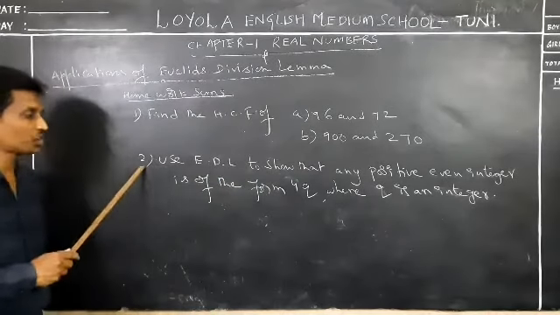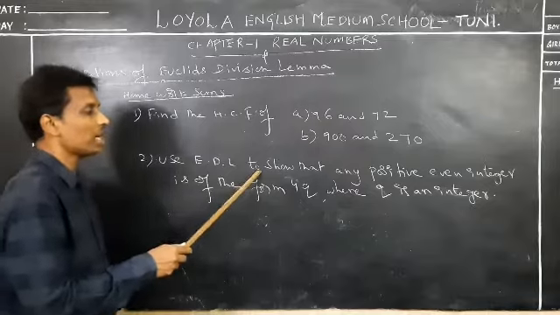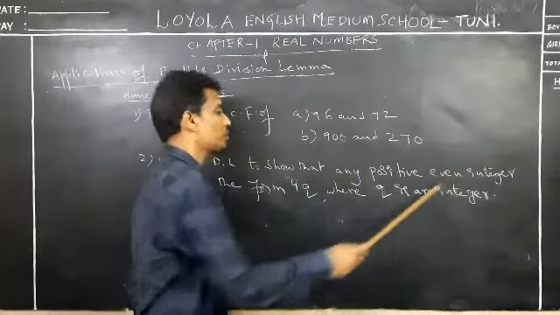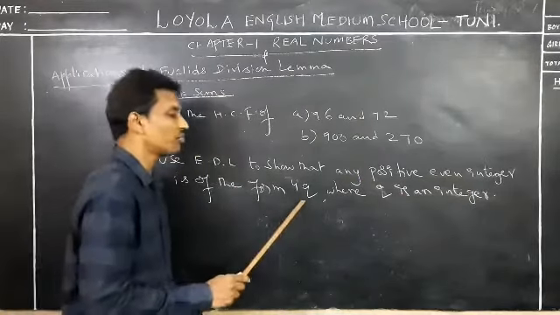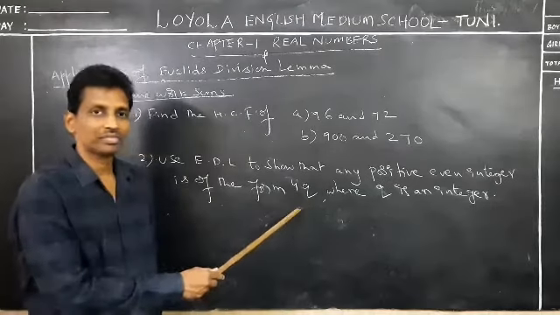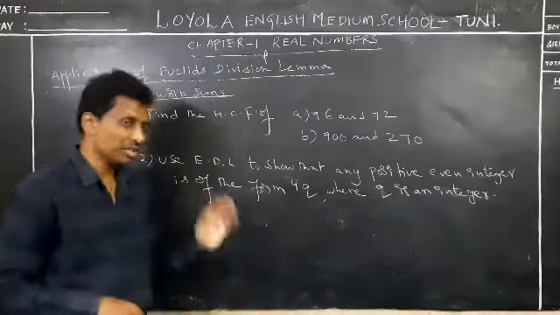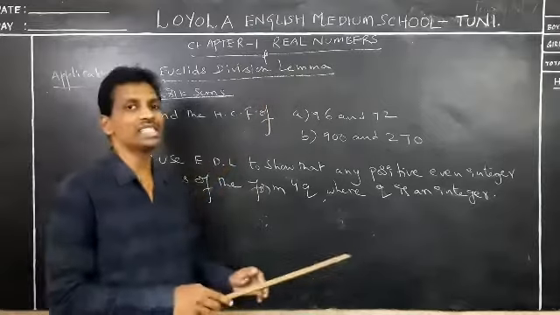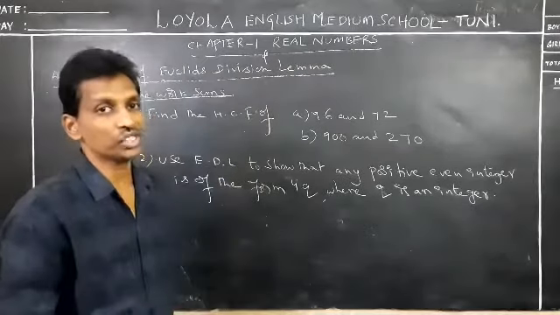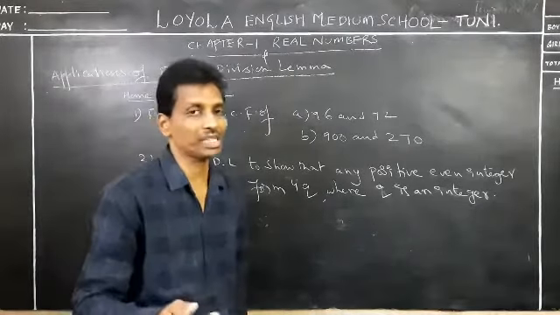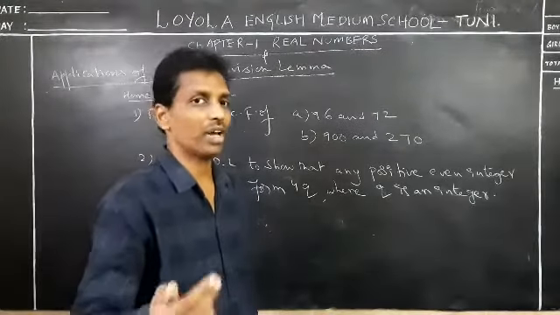And the second one is: use Euclid's division lemma to show that any positive even integer is of the form 4q. In the above problem, we discussed that an odd integer is of the form of 6q plus 1 or 6q plus 3 or 6q plus 5.